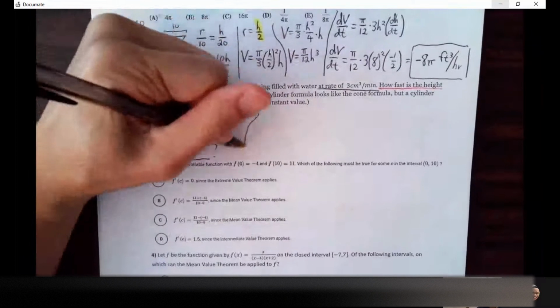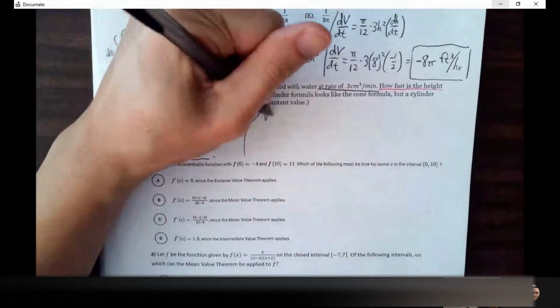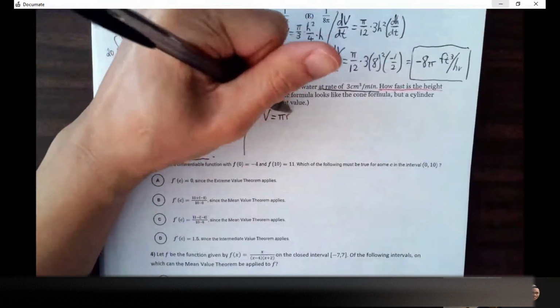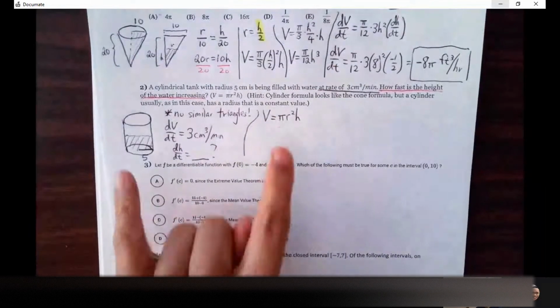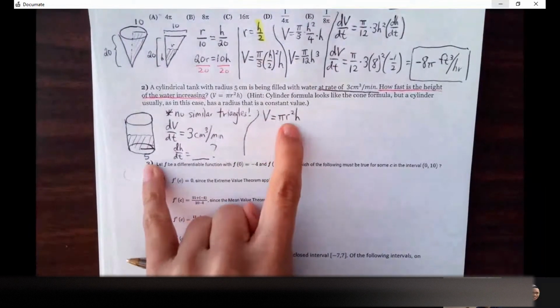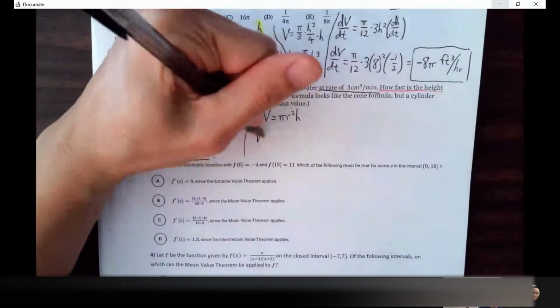All right, let's see what we can do with our volume formula. We talked about how as soon as we know what the radius is, we can go ahead and make that substitution. There's no need to hold on to that r variable.